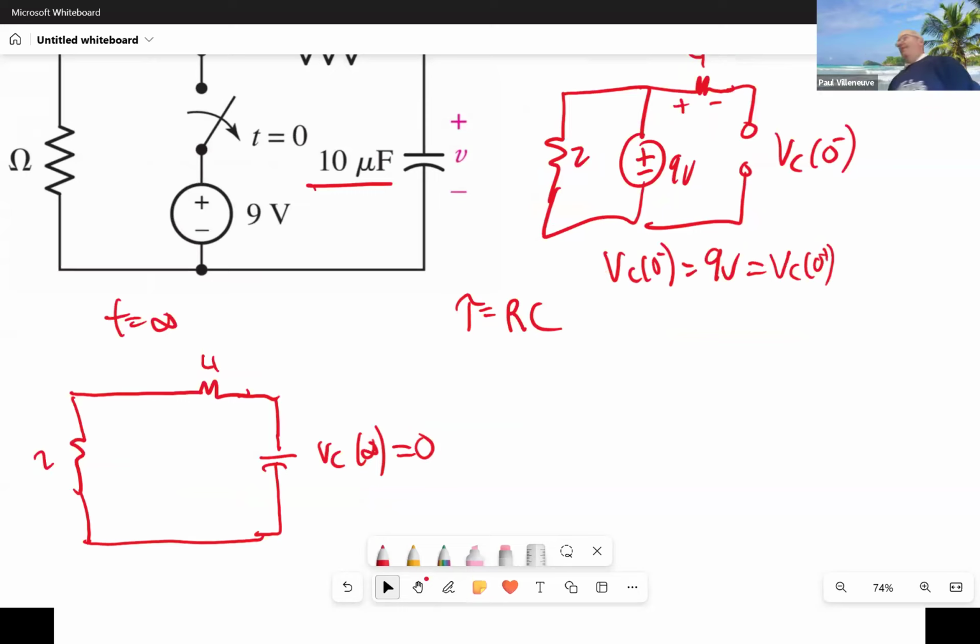What is the R? 6 ohms? Why do you say that? I'm not saying you're wrong. I'm just saying why. Say more. What's a better way to say that?